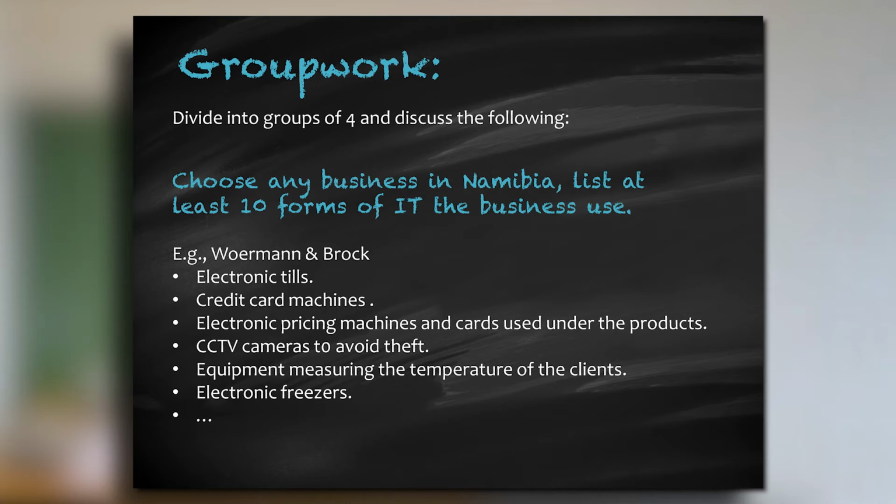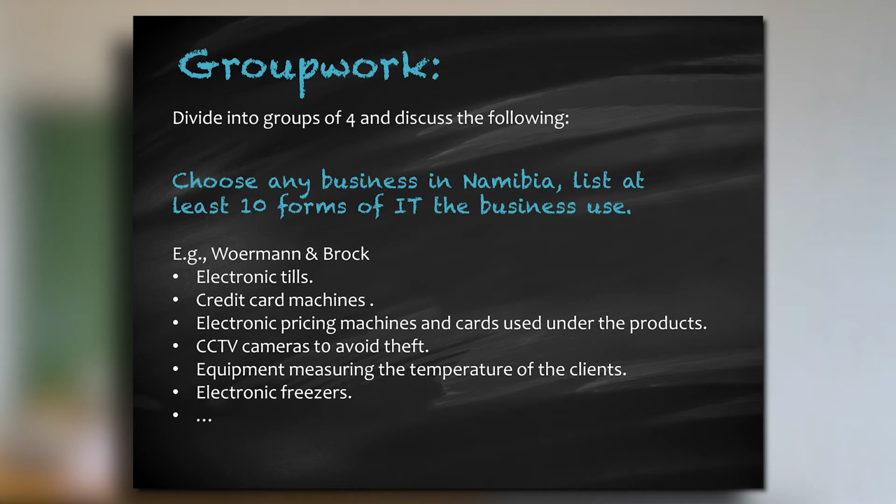You get your CCTV cameras, you get equipment that measures the temperatures of the freezers. You get equipment that measures the temperature of the clients if they enter the business.